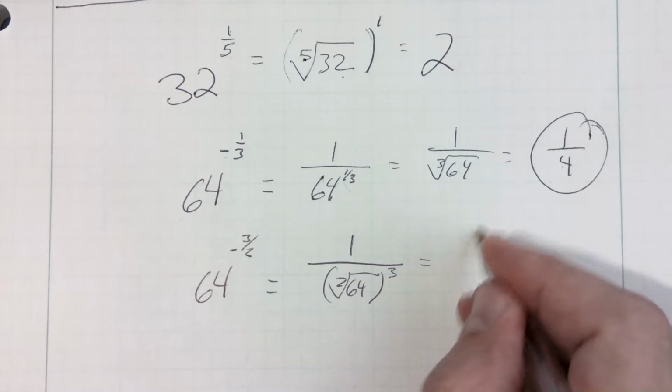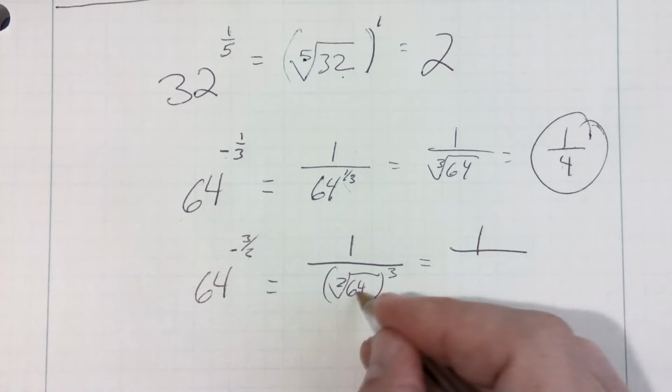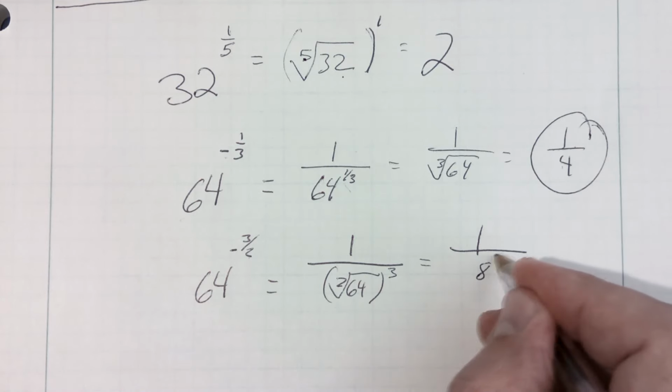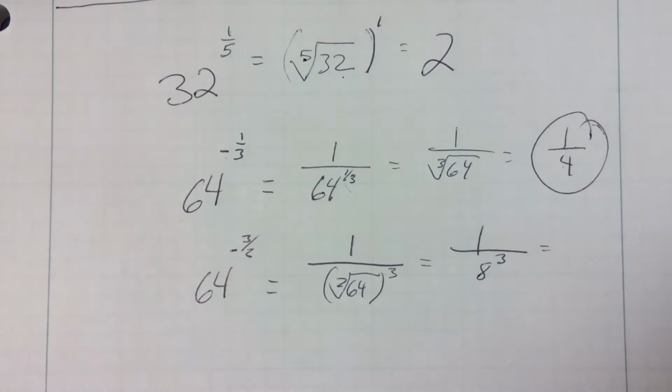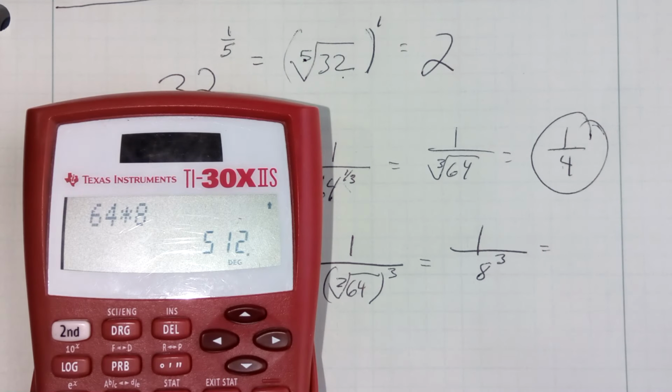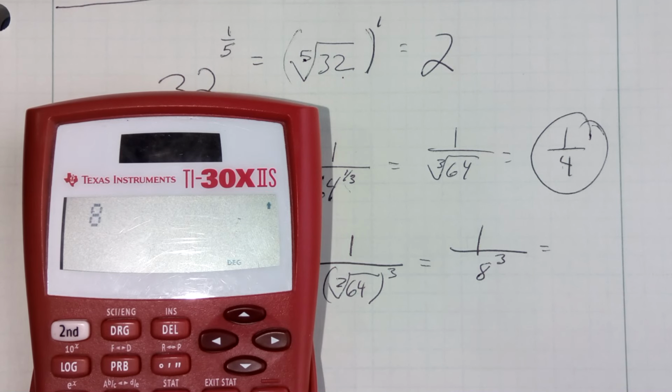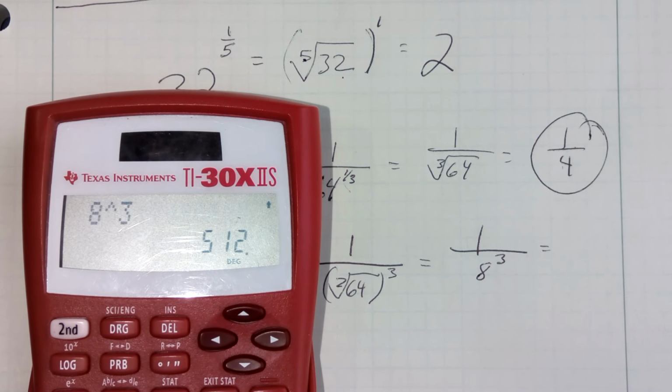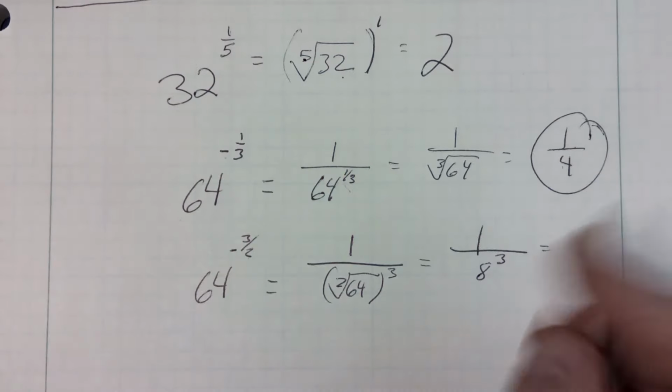Well, that's 1 over, the square root of 64 is 8, 8 raised to the 3rd power. That's a pretty big number, so I don't mind you grabbing your calculator and doing 8 cubed and getting 512. So we got 1 over 512.